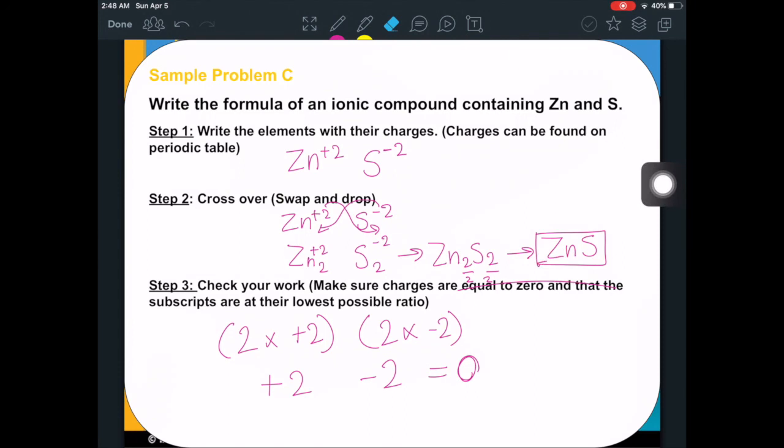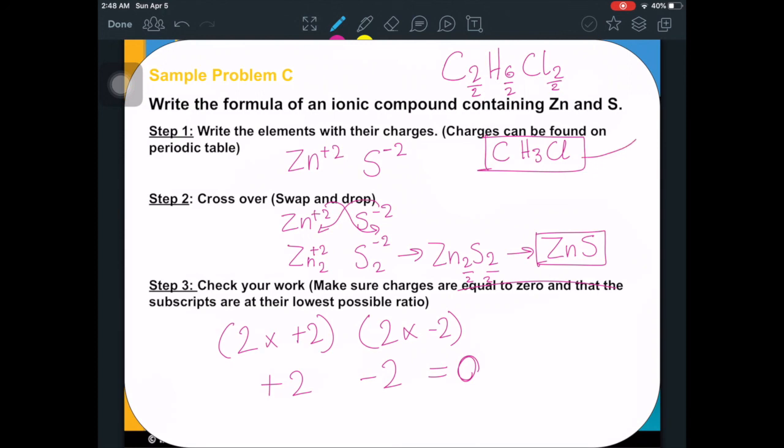But when you get an example like, let's say this one, C2H6Cl2. For me to simplify this, I can see that there is a clear common factor between the 3 of them. I can divide each one of them by 2, and I'll end up getting this, CH3Cl. Now I have my simplest form of this molecule, right?